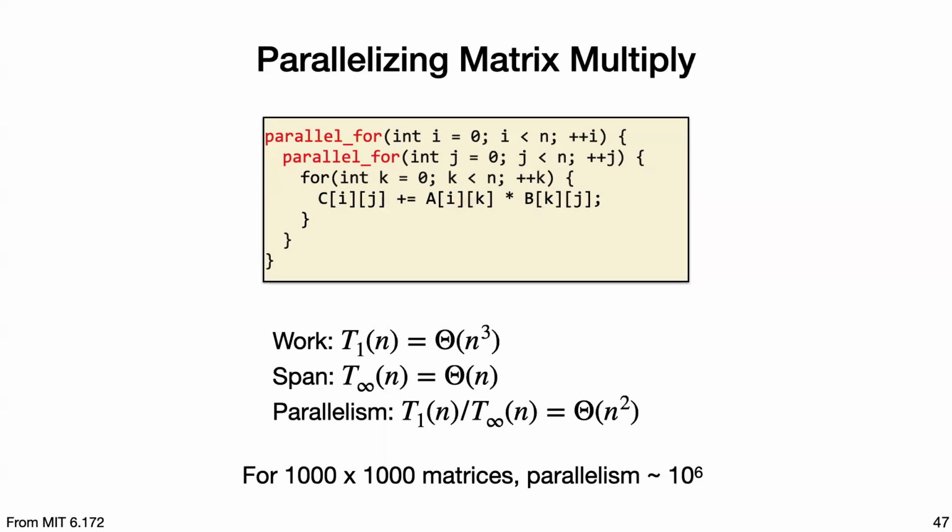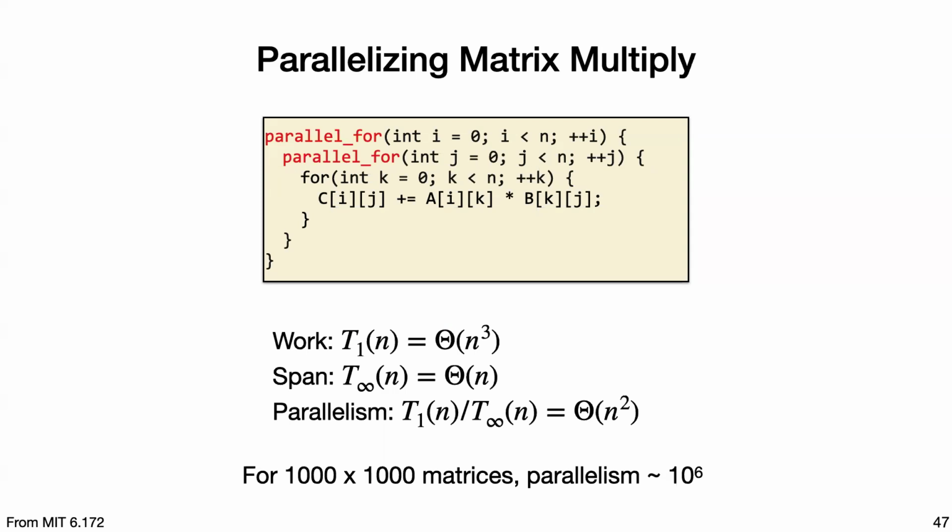We cannot directly and easily parallelize the k loop, because k is a dot product and all of them are writing into this C_ij. It's trickier, not impossible, but trickier to parallelize over the inner dimension. So you can't just directly put parallel for there, but this is enough parallelism.